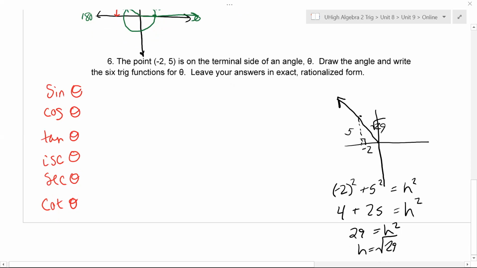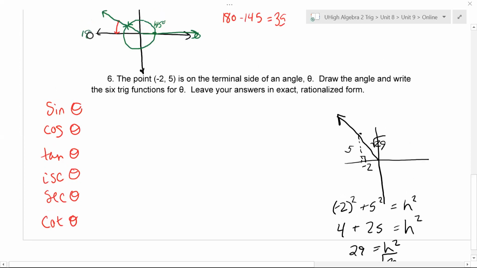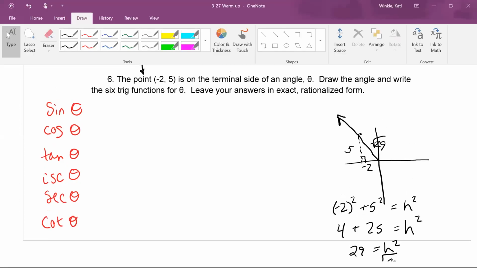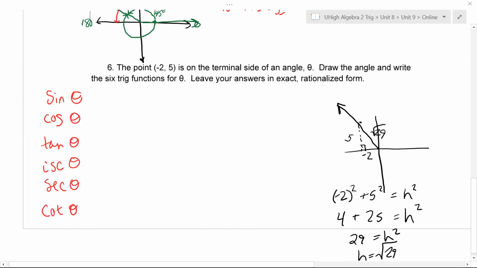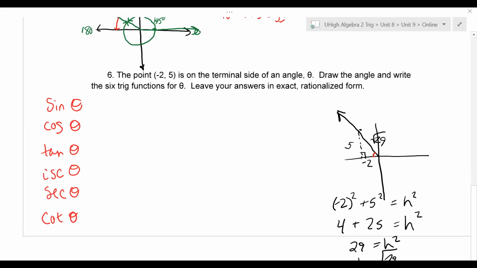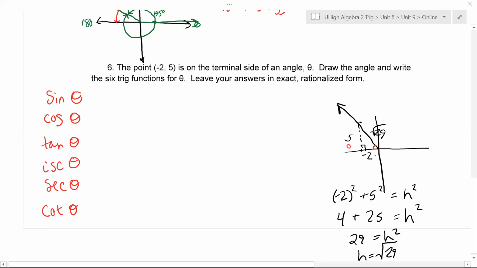Okay, so now I have all of the pieces that I need. So let's go ahead and look at if this is my angle that I'm looking at right here. Opposite is going to be my 5. Adjacent is going to be my -2. And the hypotenuse will be my square root of 29. So I'm looking at my SOHCAHTOA.